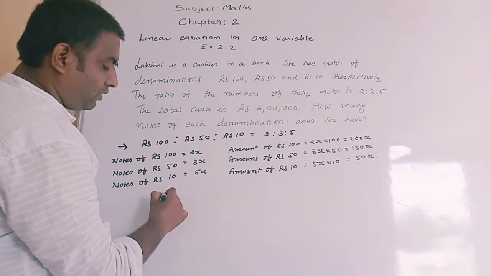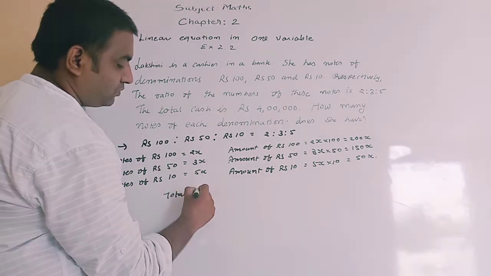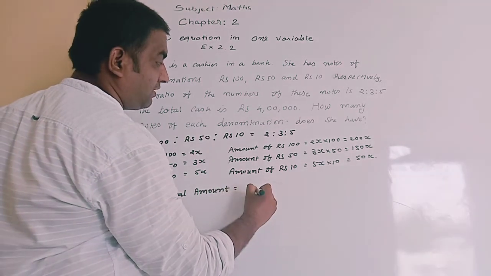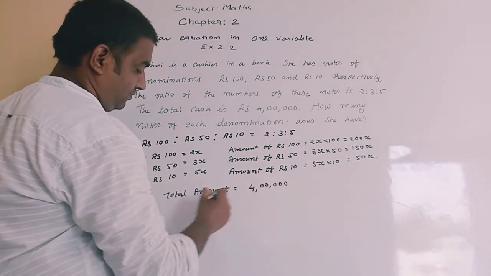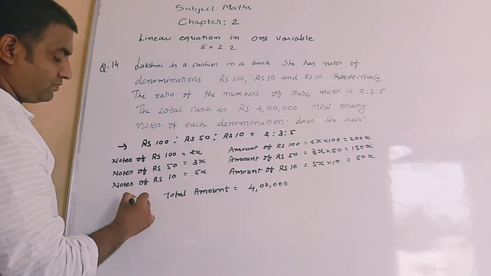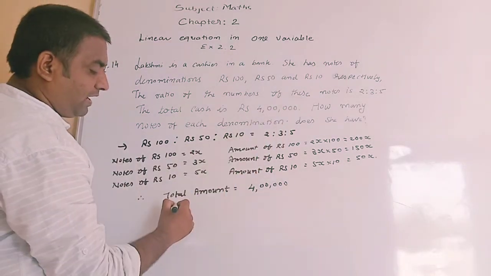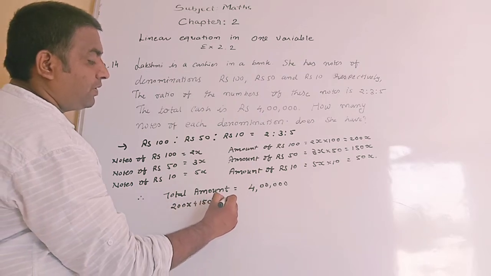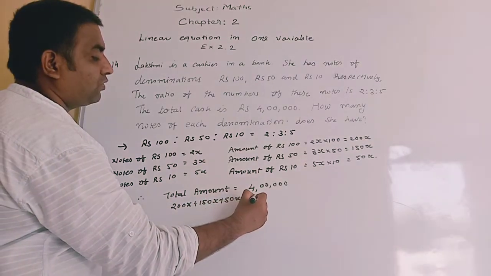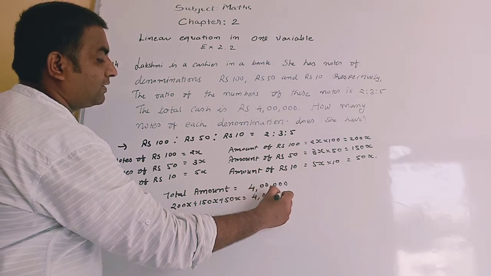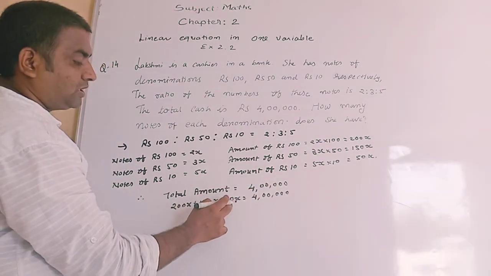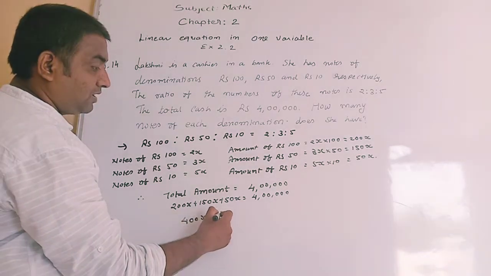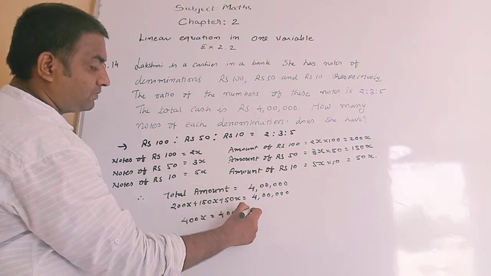So total amount: as per the question it is given 4 lakh, and we add all three, 200x plus 150x plus 50x, which gives the total amount of 4 lakh. So 150 plus 50 is 200, 200 plus 200 is 400x equals 4 lakh.